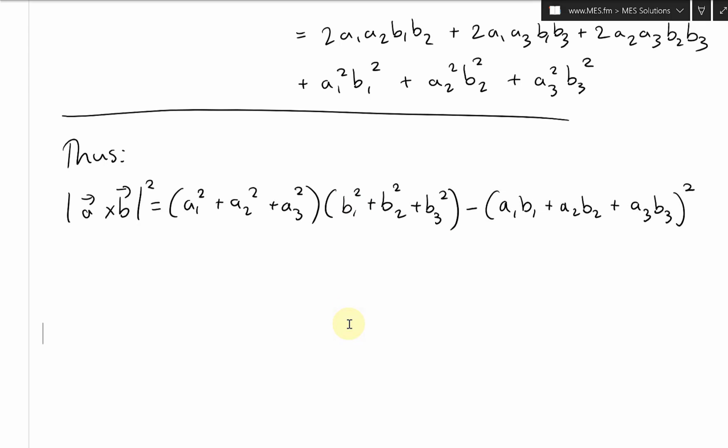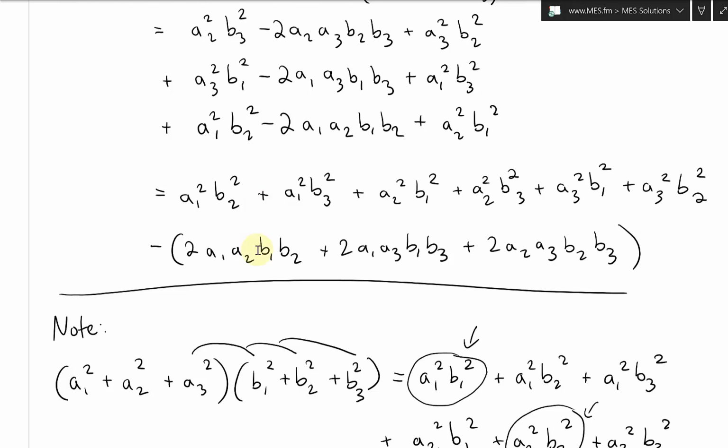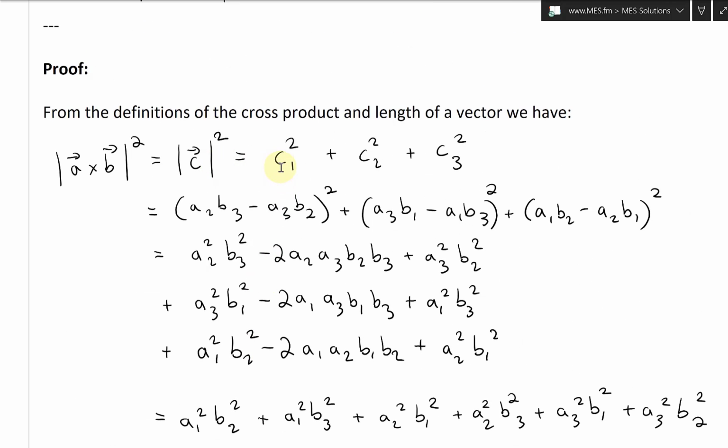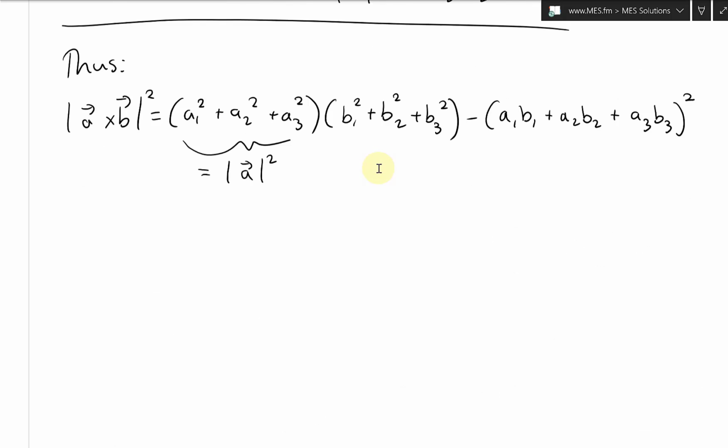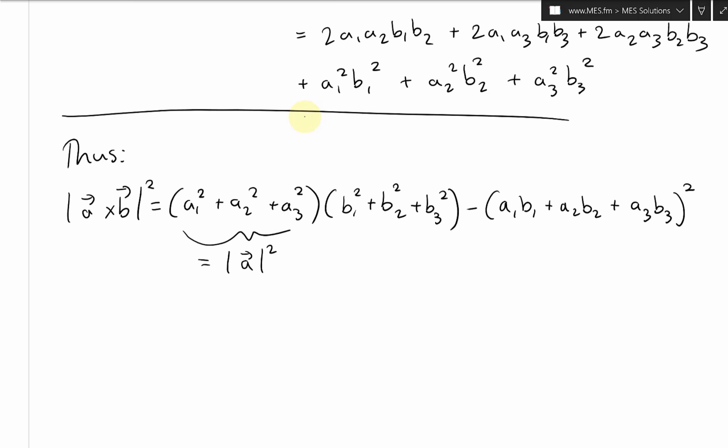Now, what do we have here? This right here is just the distance formula squared of the a vector, the length of it. Remember, a1 squared plus a2 squared plus a3 squared. You just square them and add them up, similar to c1 squared plus c2 squared, etc. And this one here is the b vector distance squared, or the length there.